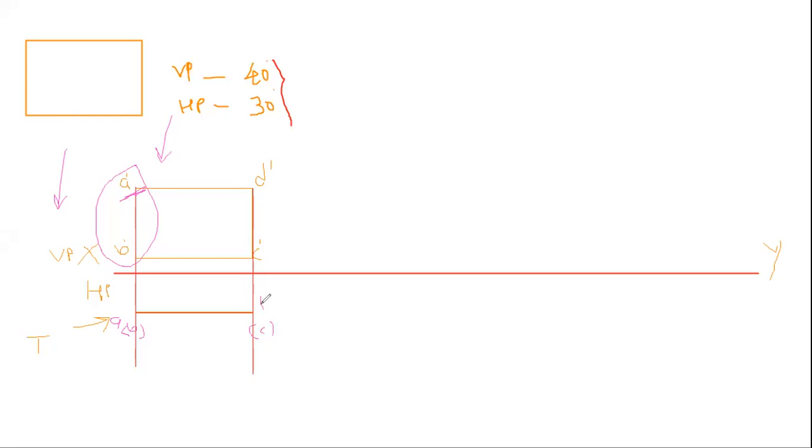Clear? Then we'll have here D. Now what we have assumed here is that in both the views our object is parallel. Now we will go for realistic condition.